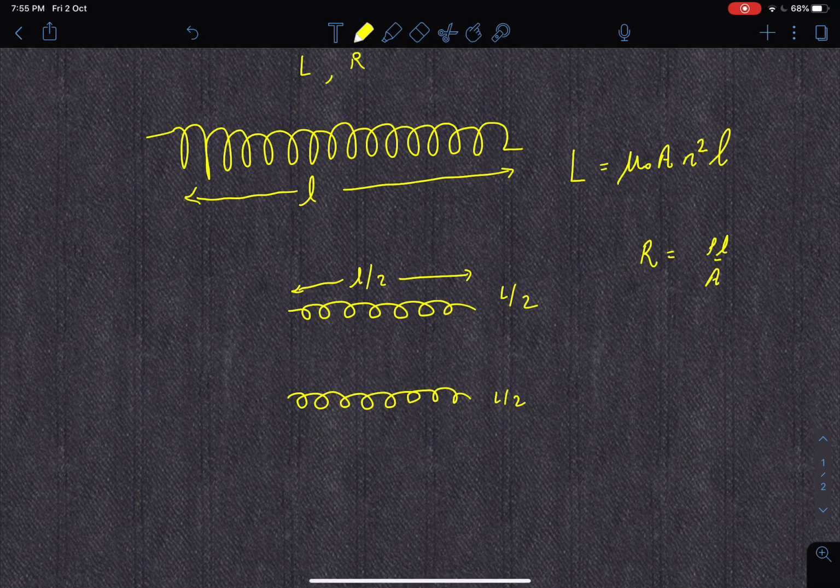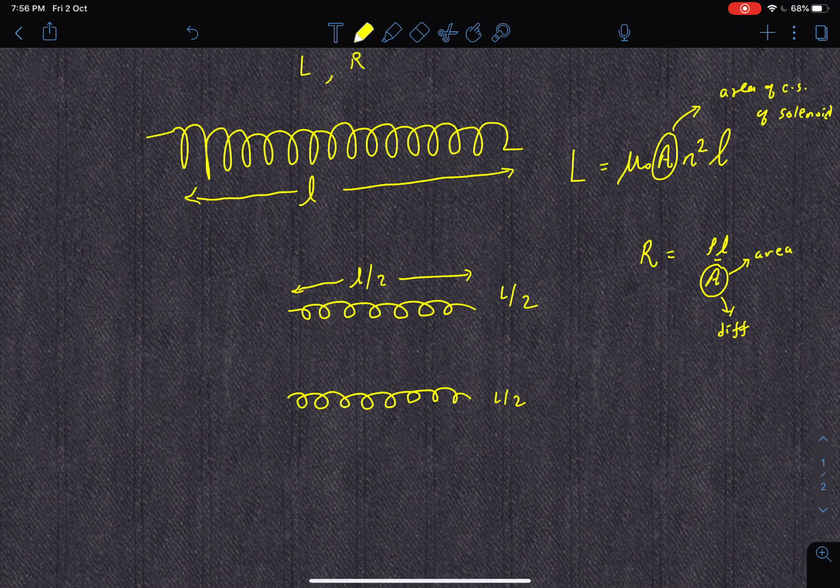This A is different from the other A. The A in inductance is the area of cross section of the solenoid, and this area is the area of cross section of the wire of which the solenoid is made.